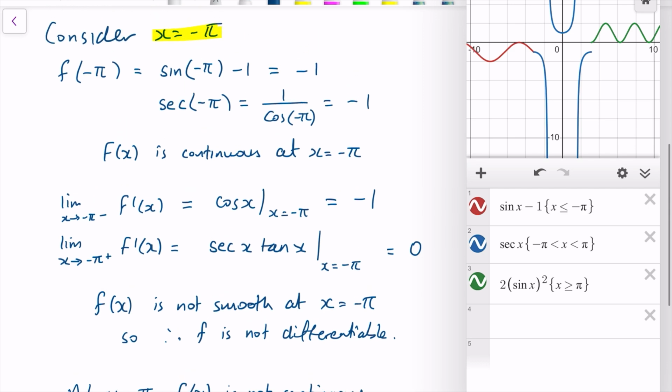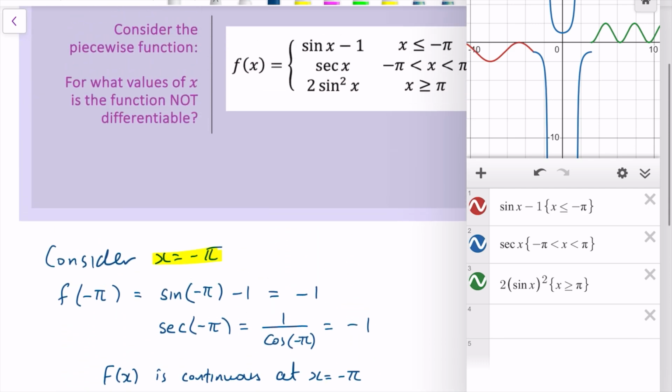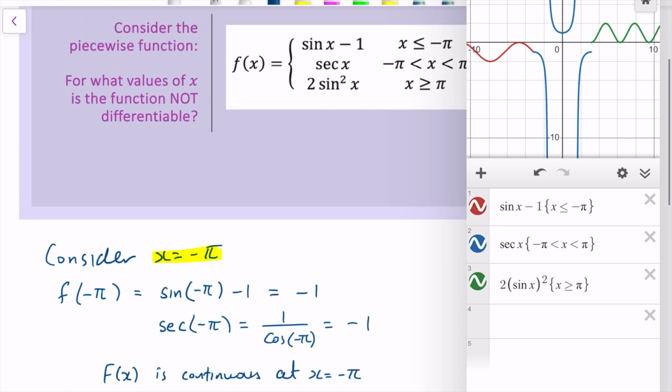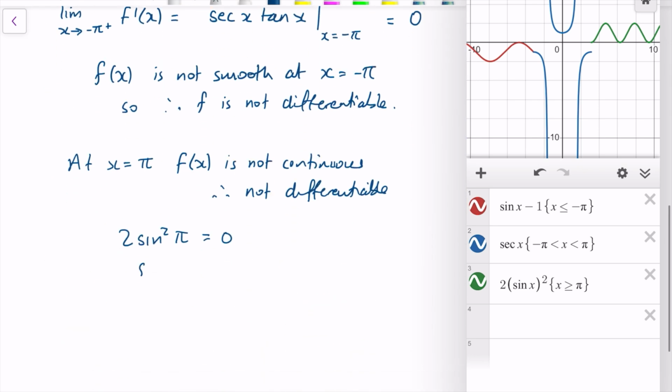The reasoning: the green function, which is 2 sine squared x, gives 2 sine squared of pi equal to 0, but sec of pi is equal to -1.